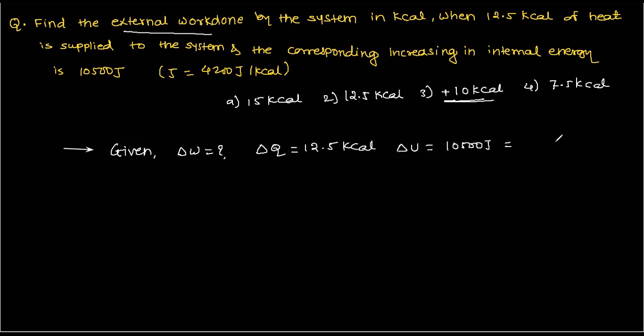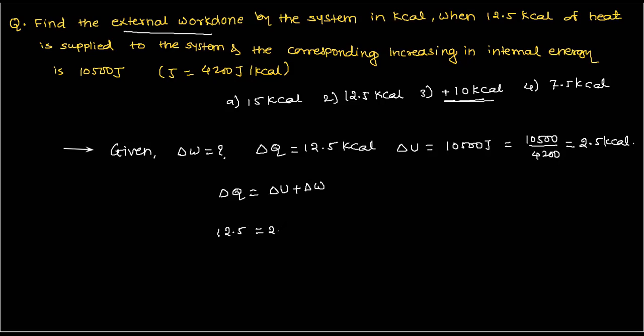If we convert into kilocalorie, 10,500 divided by 4,200 gives 2.5 kilocalorie.